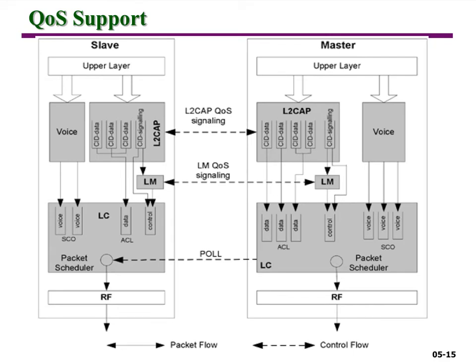But all the other time slots can be allocated dynamically to the ACL links. So how is this done? This also uses a polling mechanism. The master node will poll a certain slave to send data in the uplink. In the downlink, as we said, all the even time slots are allocated to the master node.